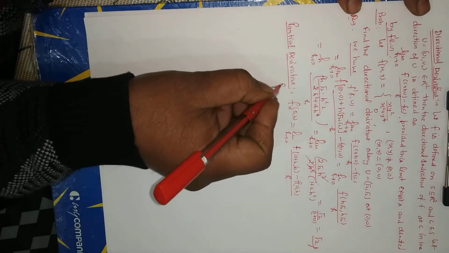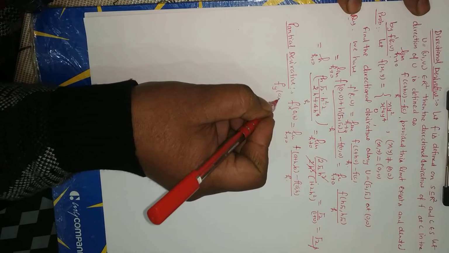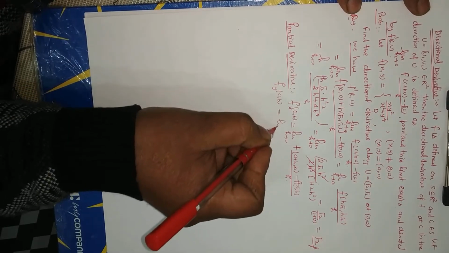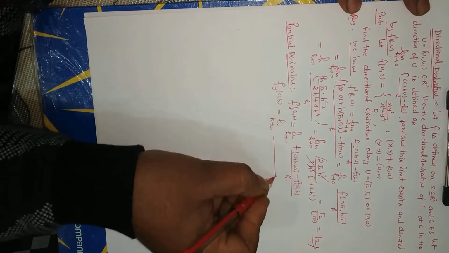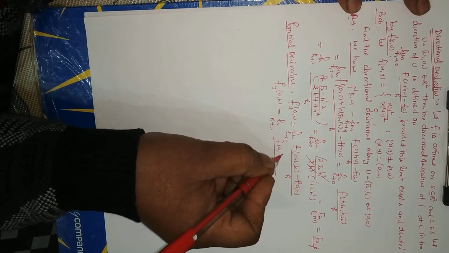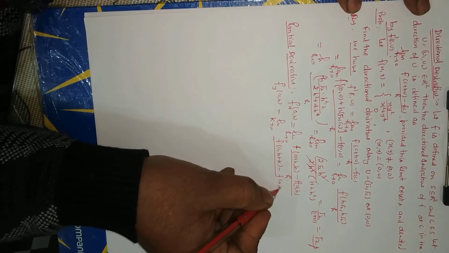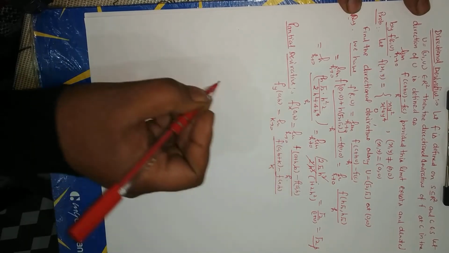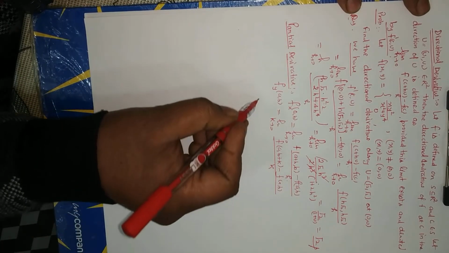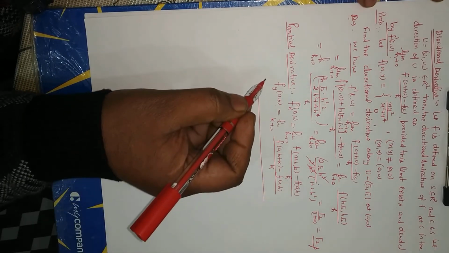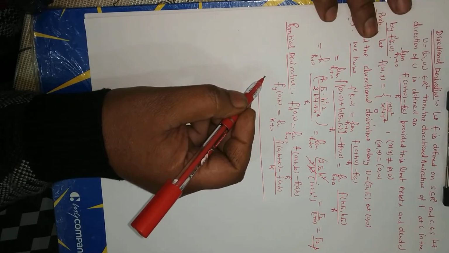Similarly, partial differentiation with respect to y at point a b can be written as limit k tending to 0 of f of a comma b plus k minus f of a b upon k. Okay. Now the problem can be solved with the help of partial derivatives.